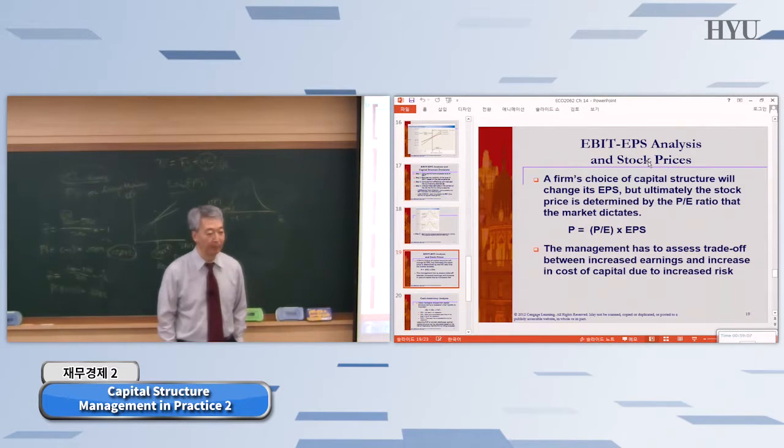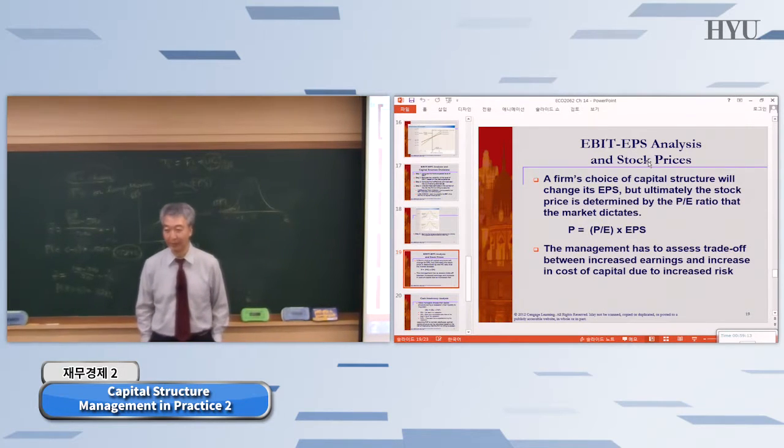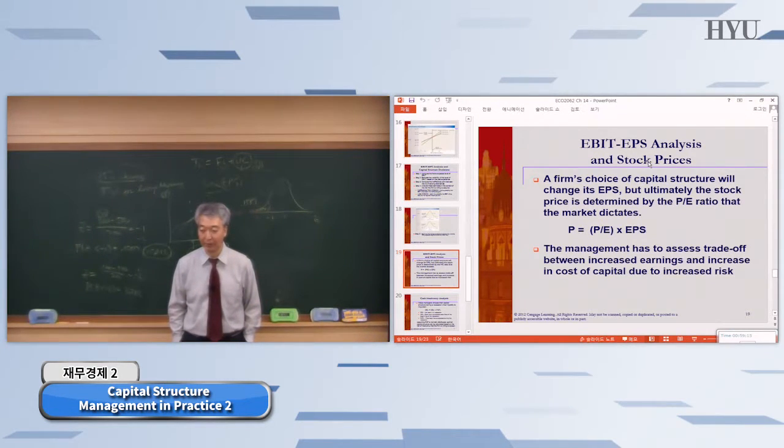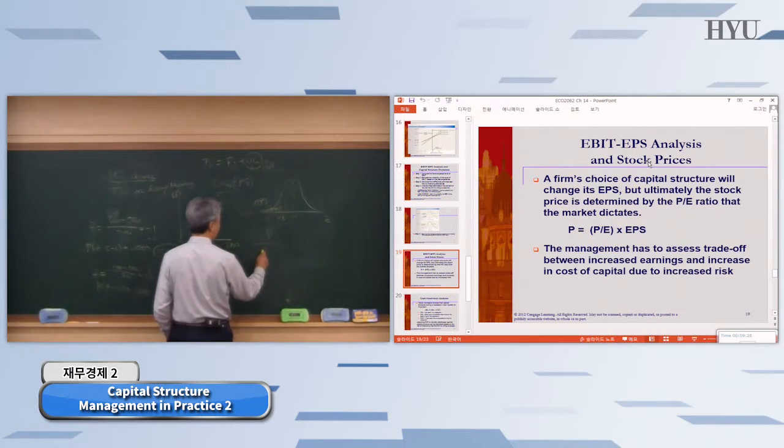Because market price is actually determined by the market, that is the correct answer. P/E ratio is determined by the market because P/E ratio is simply the price divided by EPS.